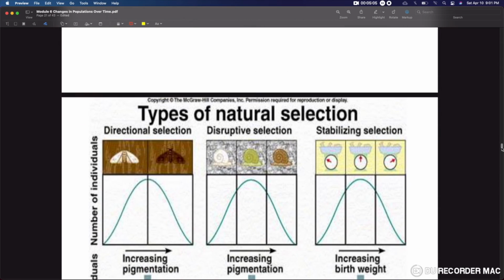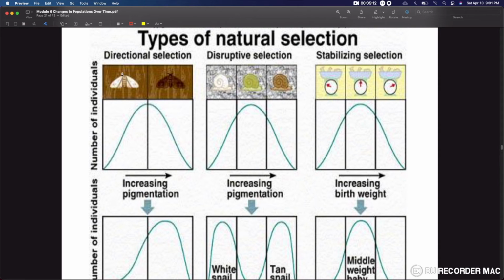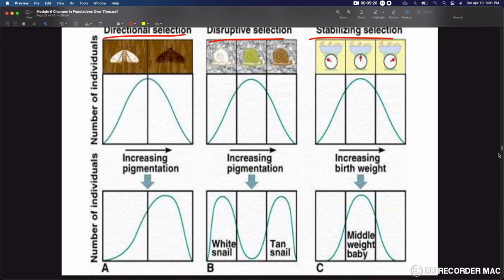If we look at this right here, these are the types of natural selection. We have directional selection, disruptive selection, and stabilizing selection. Directional selection is directional in the sense that there will be a change in the number of individuals.